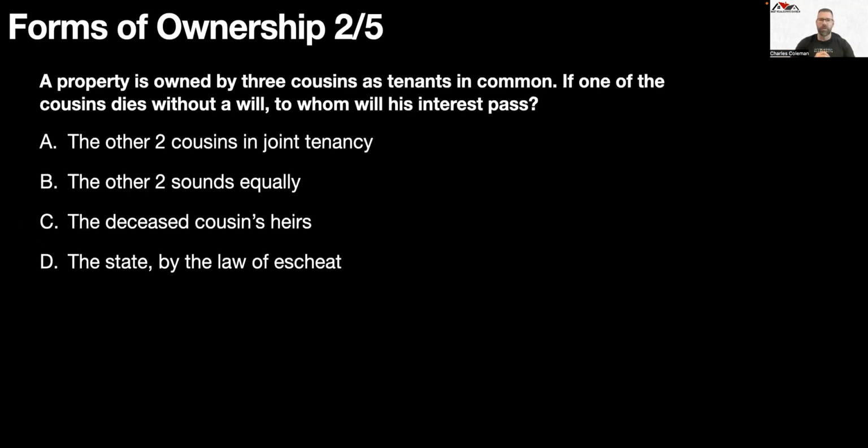All right, number 2. It says a property is owned by 3 cousins as tenants in common. If one of the cousins dies without a will, to whom will his estate pass? The answer is C, the deceased cousin's heirs.